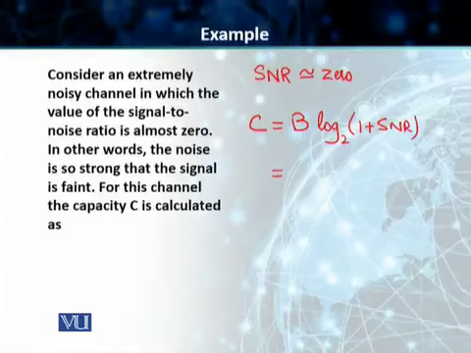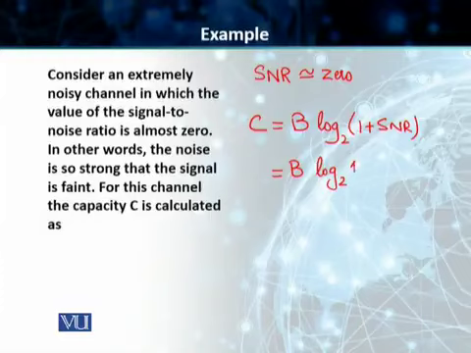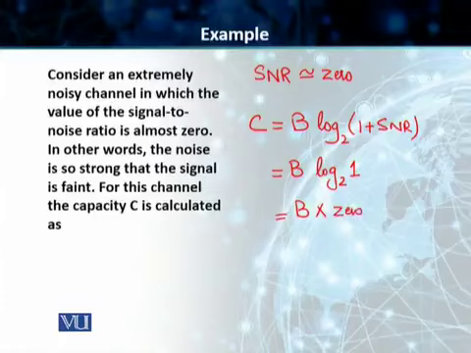This is equal to B, the bandwidth, times log to the base 2 of 1. Log to the base 2 of 1 is 0. Multiplied by 0, this comes out to be, forgive my maths, 0.